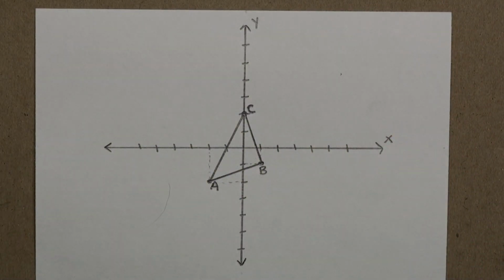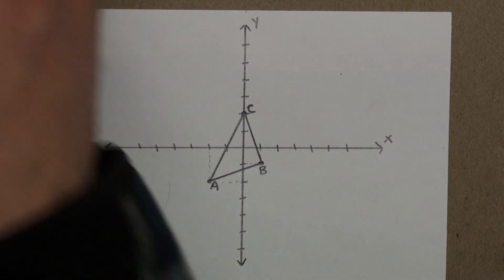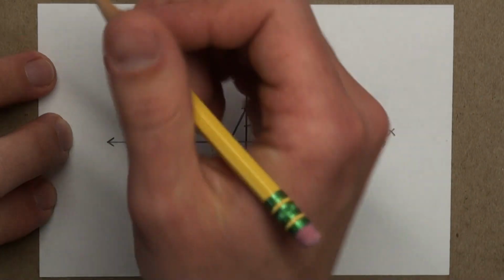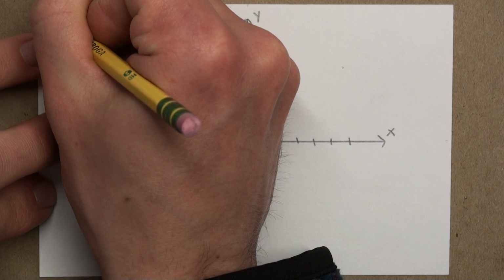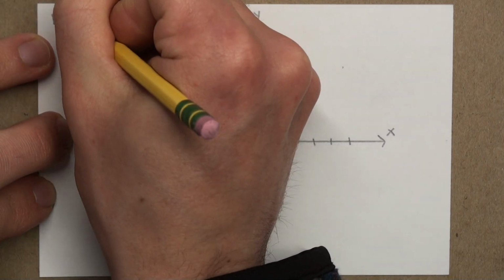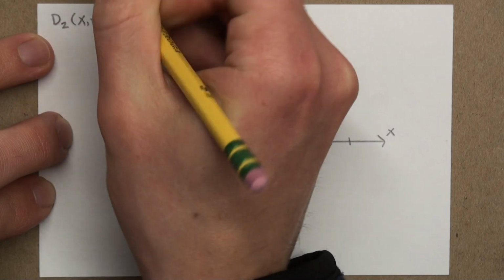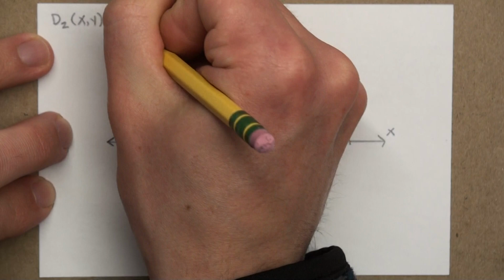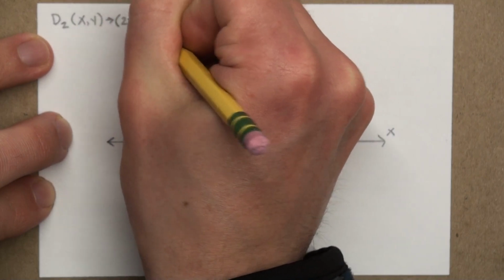Alright, just going to write down my notation for dilations. So it says it's a scale factor of 2, right? So my k is 2. So I'm doing a dilation of 2 on all of my x comma y points, which is going to be 2x comma 2y.